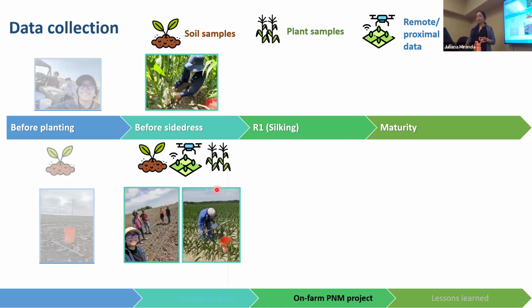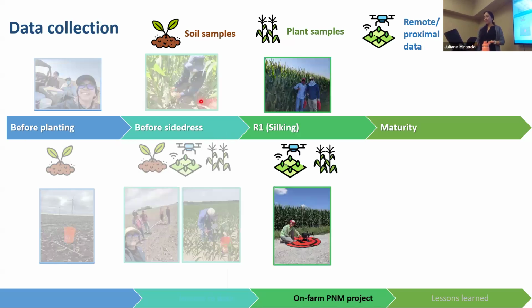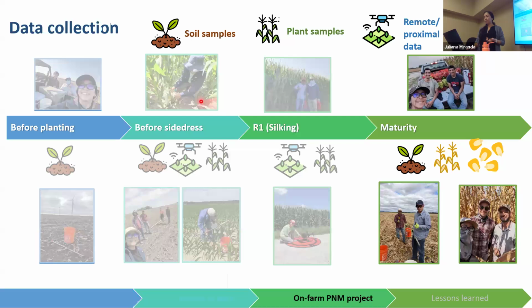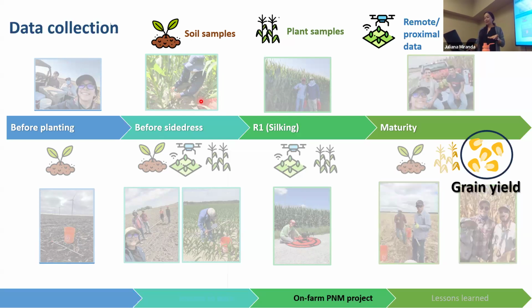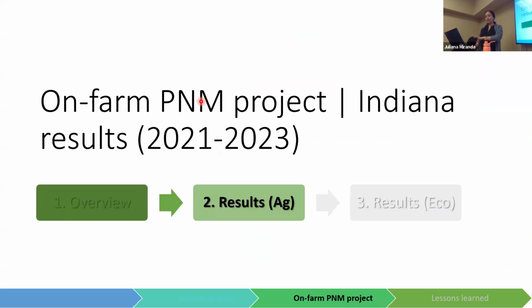Before sidedress, we got some plant samples, soil samples, aerial imagery, water samples too. At silking, we got also the tissue samples and aerial imagery. And at maturity, we had soil, plant, and grain yield too. But for today's presentation, I'm going to focus, because this project was a lot, so I could not present all the results in today's presentation, so I'm focusing on grain yield.